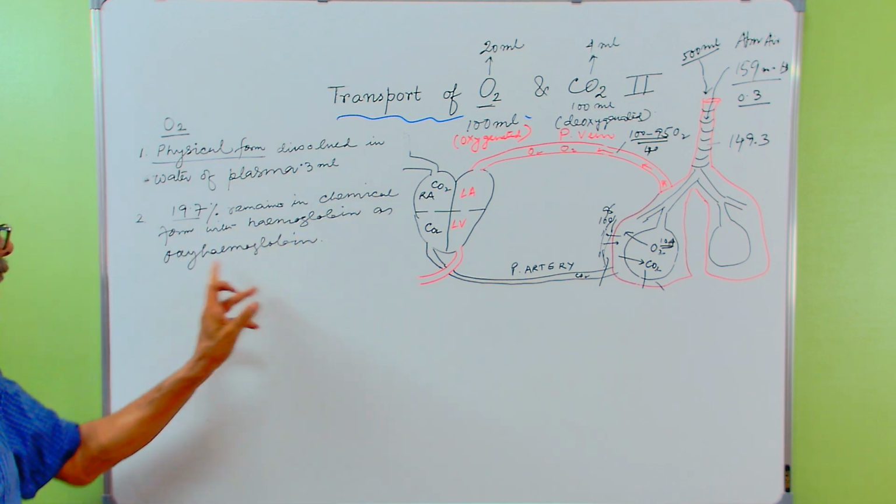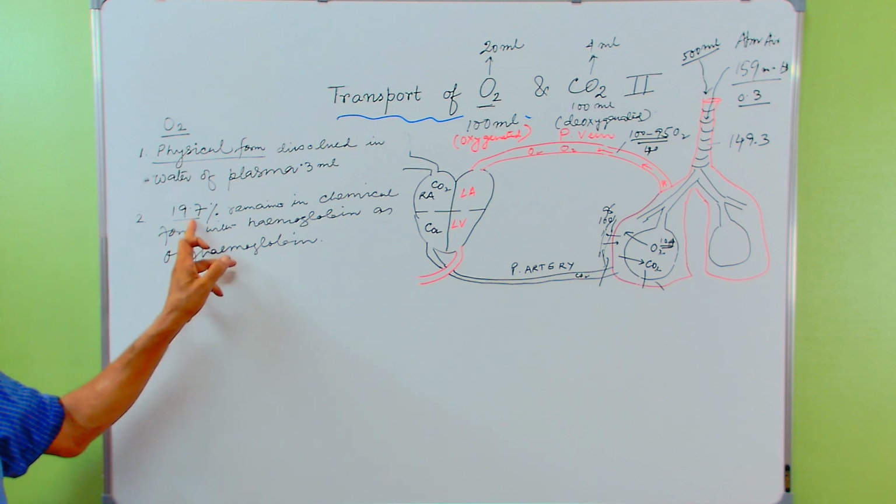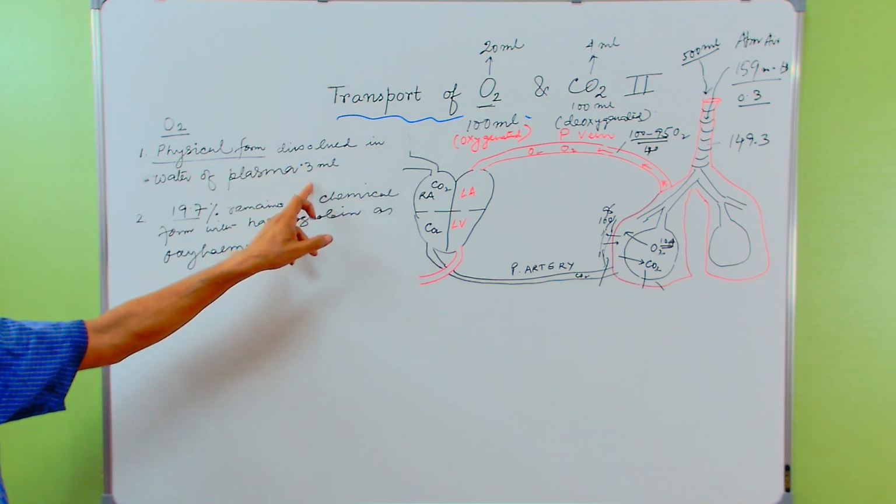So in the form of oxyhemoglobin 19.7, and this is 0.3 ml.